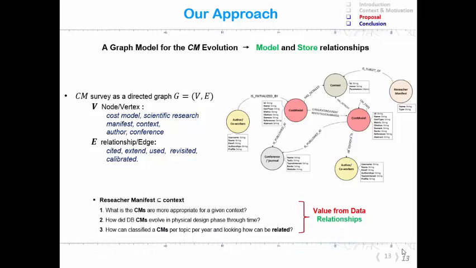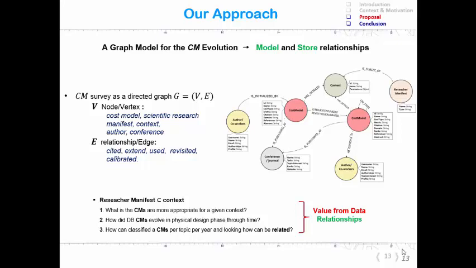We look at the cost model survey as a directed graph with a set of nodes and a set of relationships. In our graph model, cost models are represented by nodes labeled cost model. For each cost model node, we store the parameters and the paper reference.